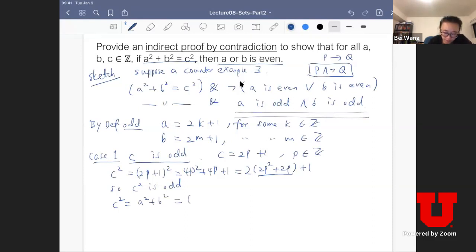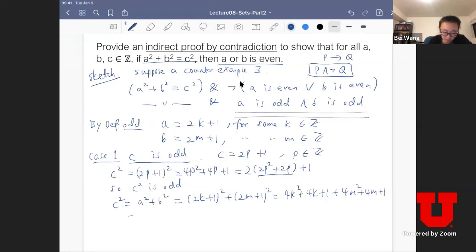So I can express it as (2k plus 1) squared plus (2m plus 1) squared, and I'm going to expand it. Then you combine and factor 2 out.